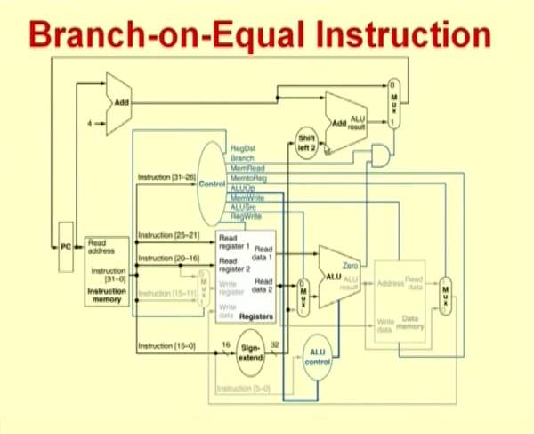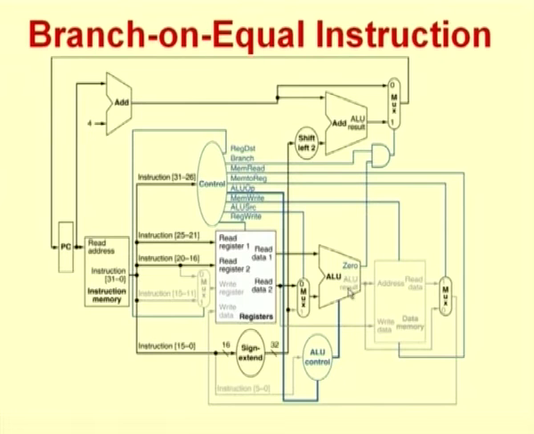This shifted input will be added to the PC value which is coming from PC plus 4, and this target address which is calculated, we now either choose, or the original PC value, depending on whether the condition was met or not. Branch on equal condition: how will I know that the condition is met or not? That I will know from the output of the ALU.